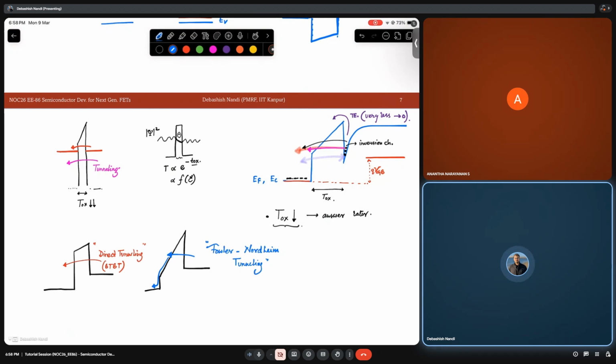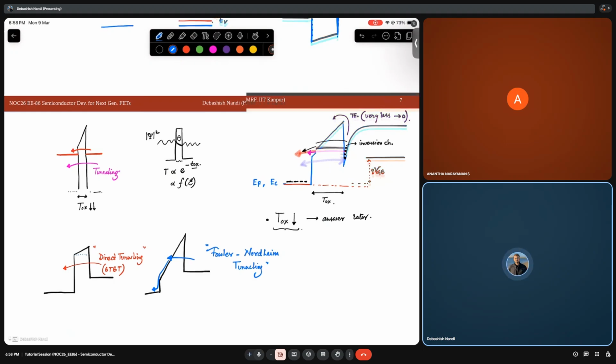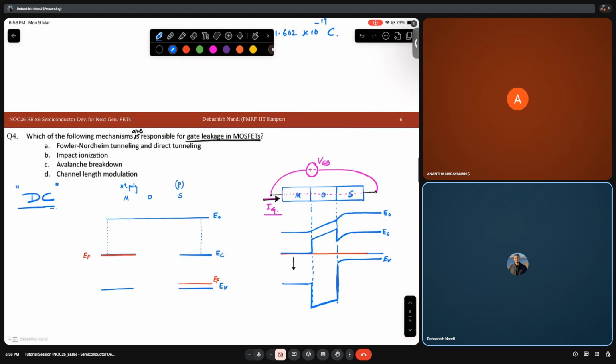The difference is the shape of the potential barrier. In one case, we can fairly approximate this as a rectangular or trapezoidal potential well. In the other case, it is triangular. So your calculation changes a little bit, but the concept remains the same. These two are the tunneling mechanisms for which you generally have your gate leakage current.